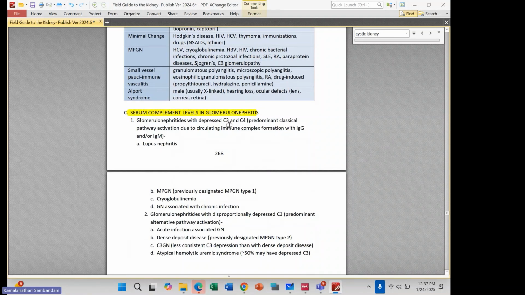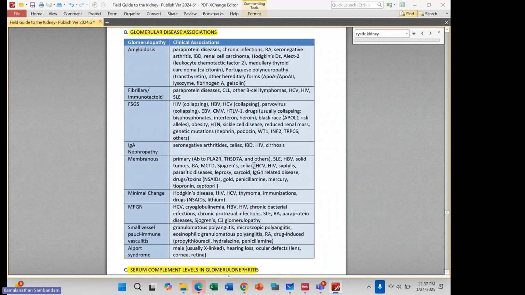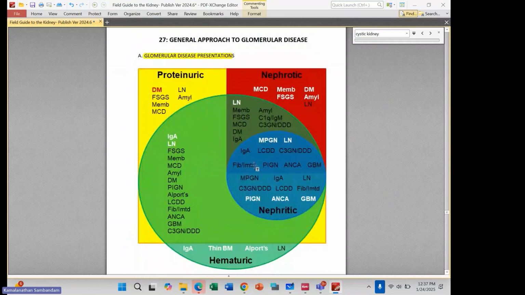And rather than make it rote memorization, my goal is to give you a sense for a predictable change in complements, okay, based on what you understand about the pathogenesis of that particular GN. So this Venn diagram is broken into hematuria without much proteinuria.